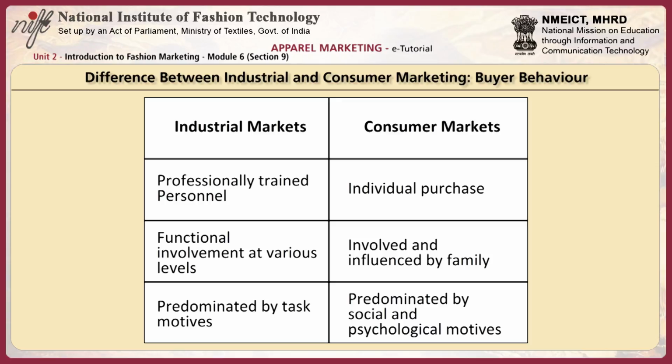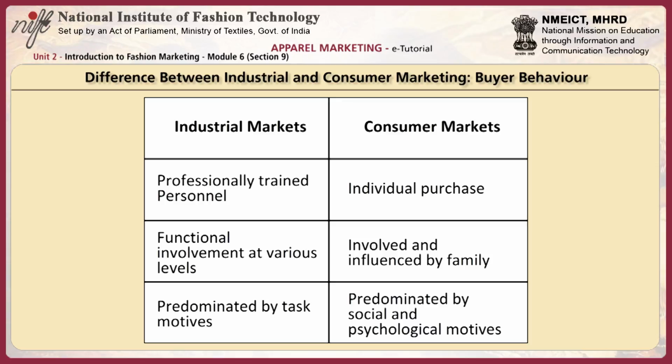The activities are controlled by various departments like manufacturing, merchandising, fabric knowledge, quality control, purchase, etc. The functional involvement at many levels and by many departmental heads will decide jointly the decisions, and while deciding the task motives would be predominant.